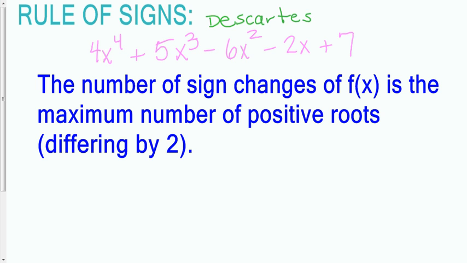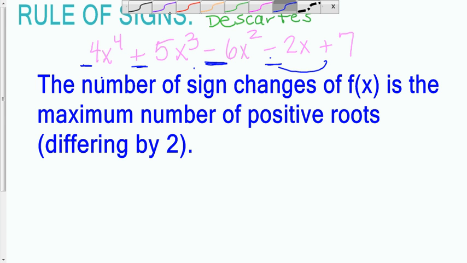So what that means is, looking at this polynomial function, sign is positive, here it's positive, so there is no sign change. And now we go to this term, and it's negative, so now there's one sign change. And now it stays negative, so it's still only one sign change. But here it changes from a negative to a positive, so there's a second sign change.